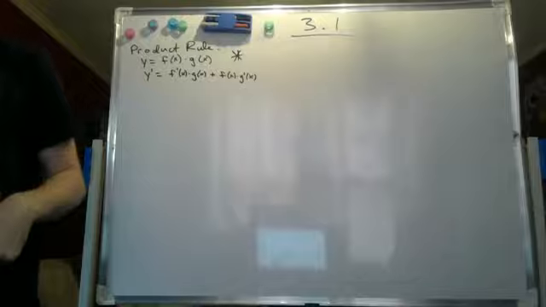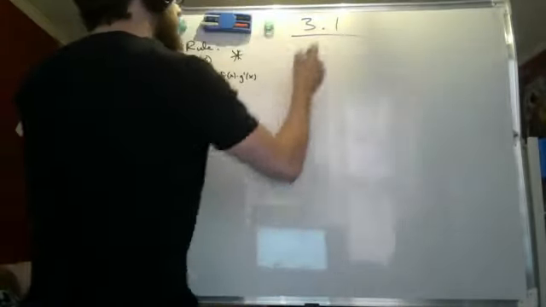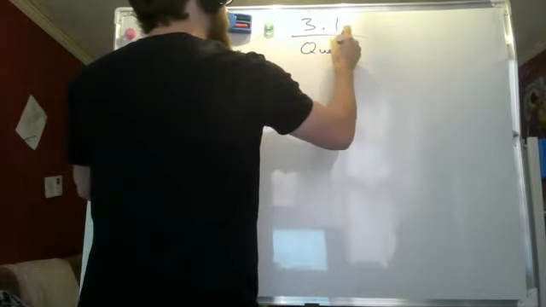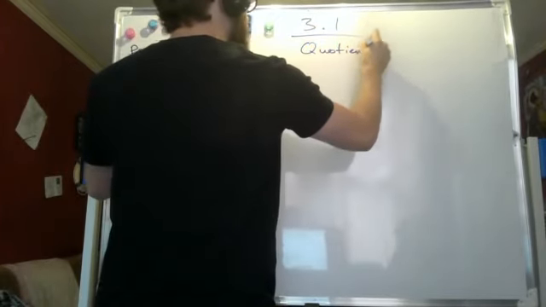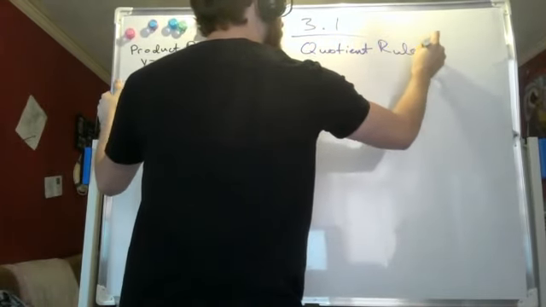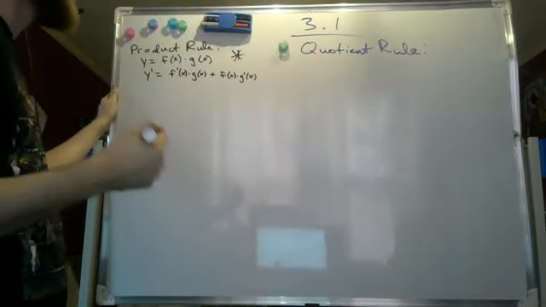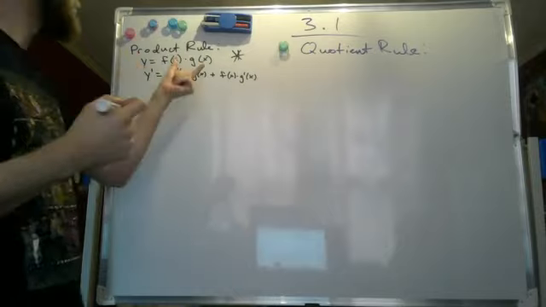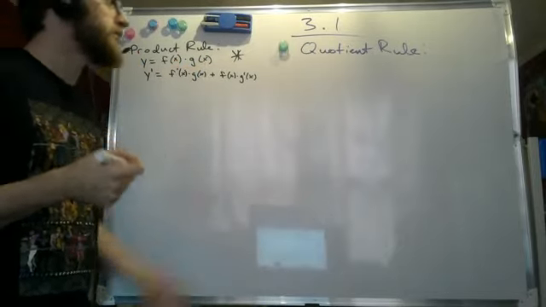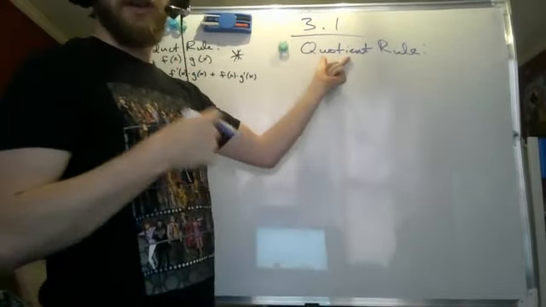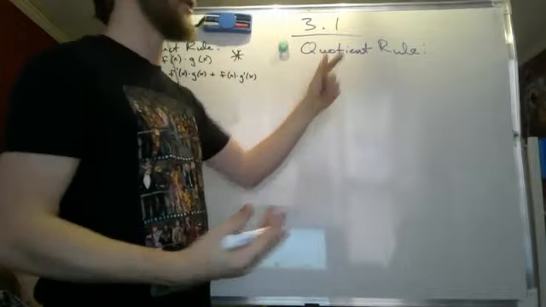All right. So, quotient rule. What is the quotient rule? So as the name would imply, if the product rule was about when we multiply functions, the quotient rule is about when we divide functions.